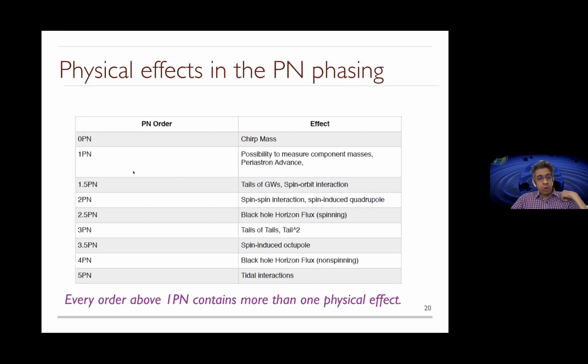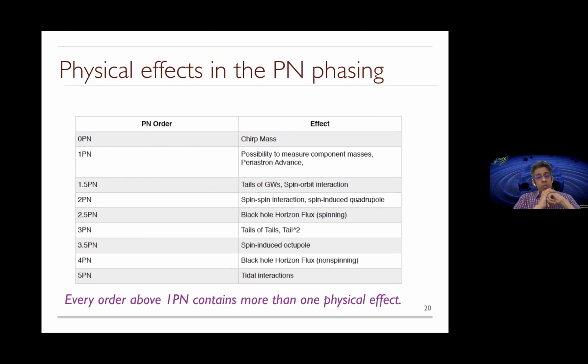At 1.5 PN, you've got the tail effect, which is the interaction where the propagating wave gets scattered by the background space-time. Also at the same order, 1.5 PN, that is (v/c) cubed, you have spin-orbit interaction. If the binary spin is non-zero, it could be interacting with the orbital angular momentum.